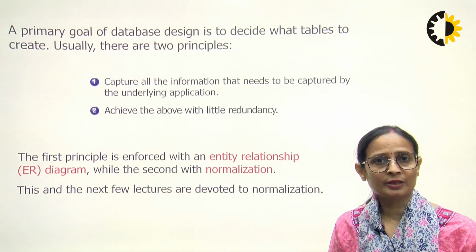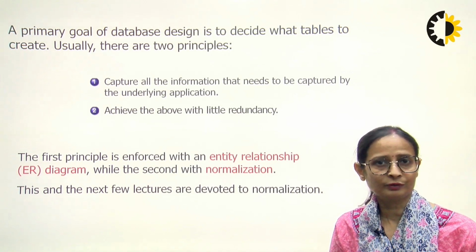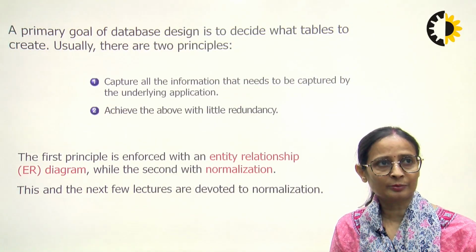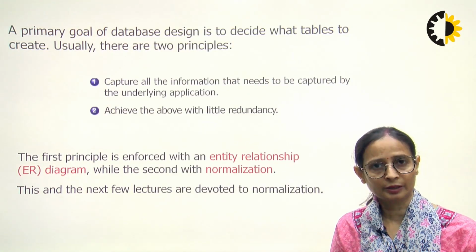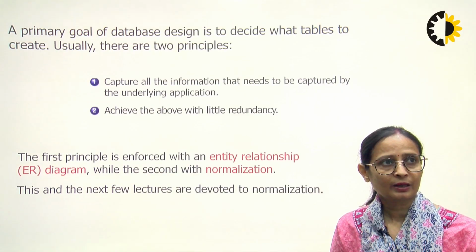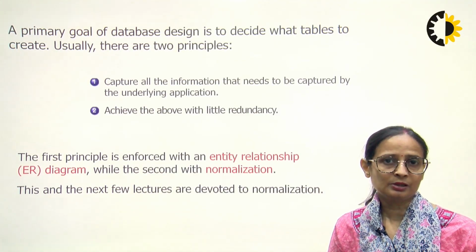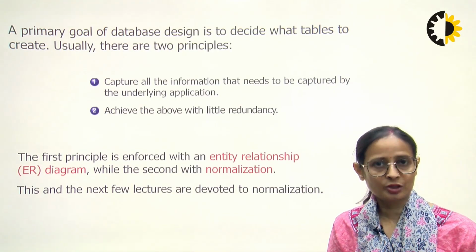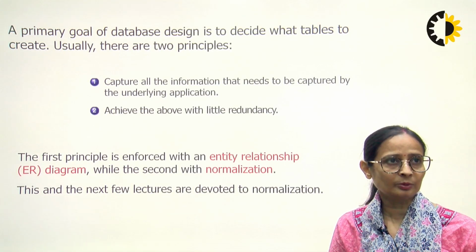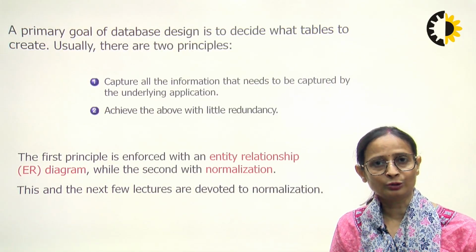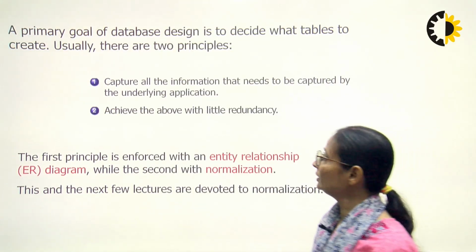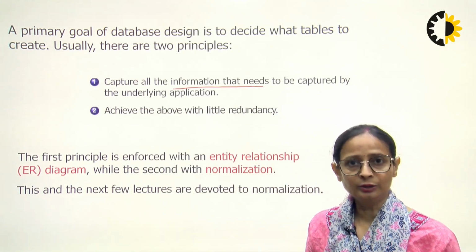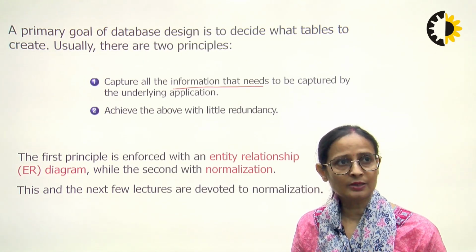Before proceeding towards the definition of the functional dependency, we are aware that the primary goal of database design is to decide what tables we need to create. The relations which we are creating in our database generally work on two principles. Number one, it should capture all the information that needs to be there in our database.